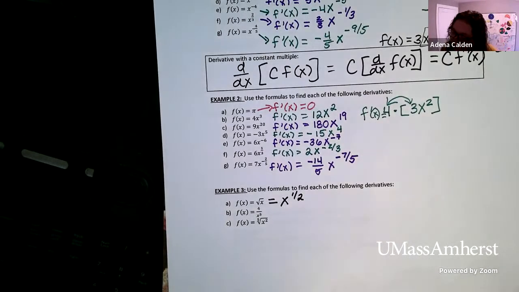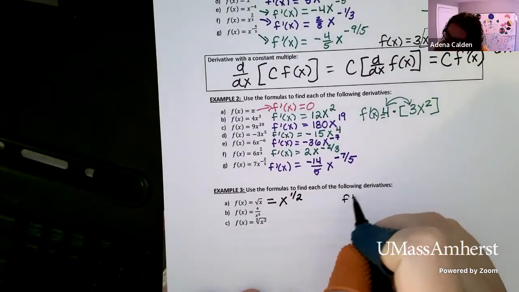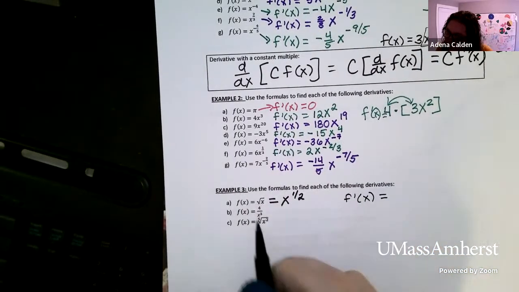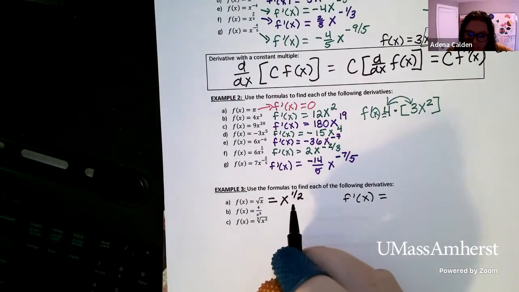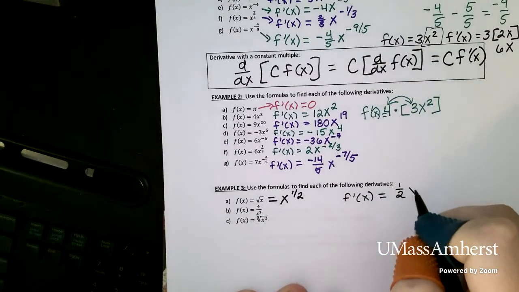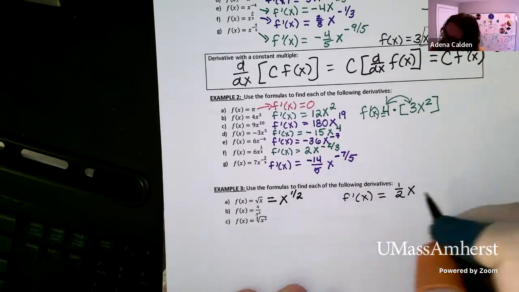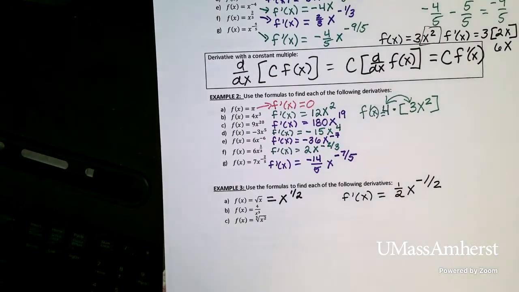When we then take the derivative after we've rewritten, we can now use the power rule because we've turned the symbol into a power, which is a number. Now when we apply the rule, the 1/2 comes down and we subtract 1 from the power. So 1/2 x to the -1/2.